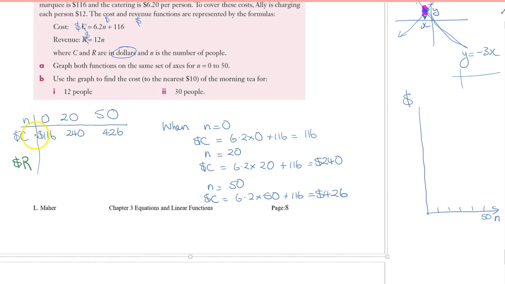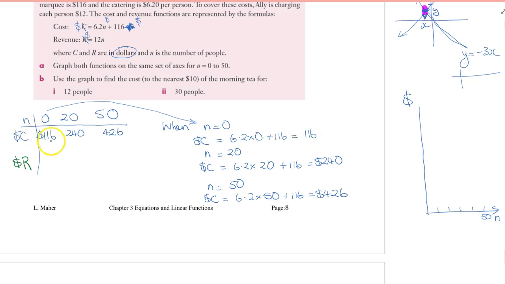I'm going to do calculations for the cost using this formula here. So the 6.2 times N plus 116. The first calculation I've done, that you can see, is I've taken N is 0. I've taken the formula C equals 6.2 times N, which is 0 in this case, plus 116, and you get 116.